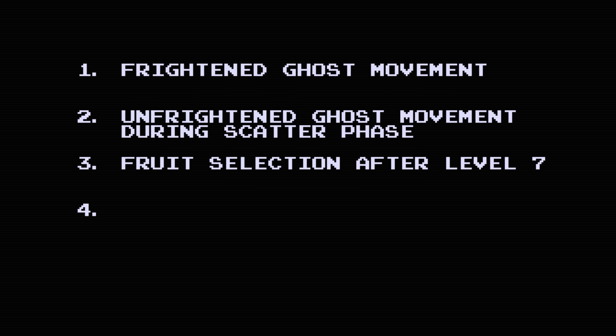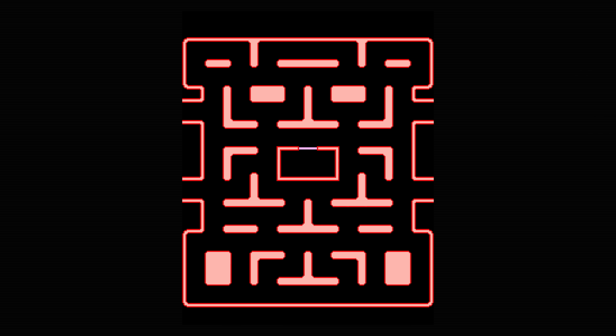Now, the fruits that appear in the maze don't stay in one spot like they do in Pac-Man. They move around the maze as well. The last thing the game uses randomness for is to determine exactly what path the fruits will take as they roam around the maze. See, a fruit will appear from one of the sides of the maze, do a loop around the ghost house, and then disappear from another side of the maze.